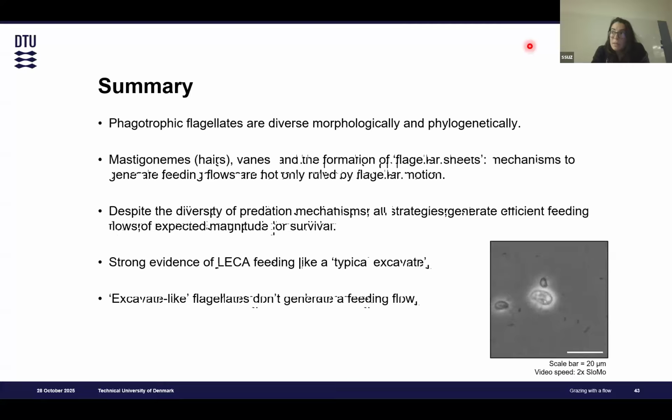I think there is a majority consensus that LICA fed on bacteria. I am quite sure of that. So it would be more on bacteria than on other flagellates. That is what has been said. Makes sense.